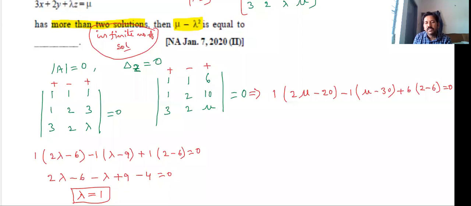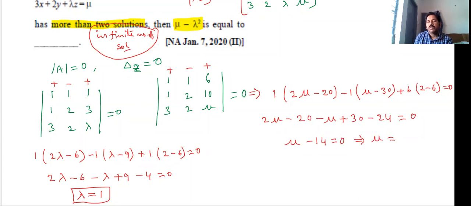Now simplify this. 2 mu minus 20 minus mu plus 30, plus 6 into minus 4, that is minus 24, is equal to 0. 2 mu minus mu, minus 20 minus 24 plus 30 is minus 14, is equal to 0. Then what is the mu value? Mu value is 14.